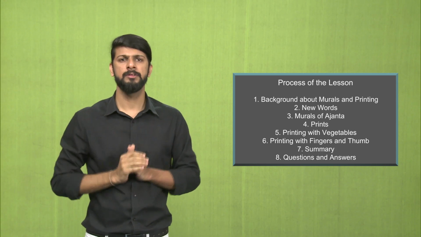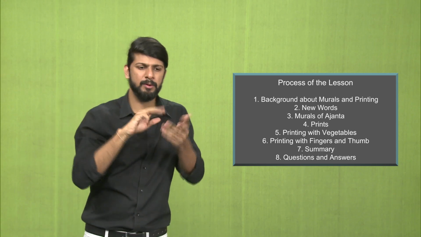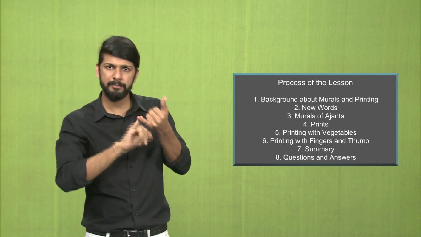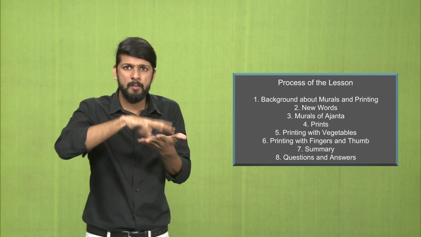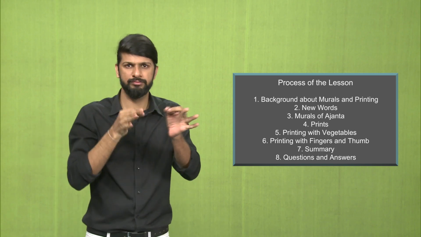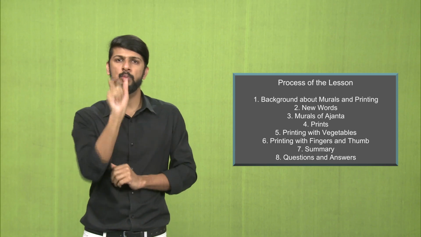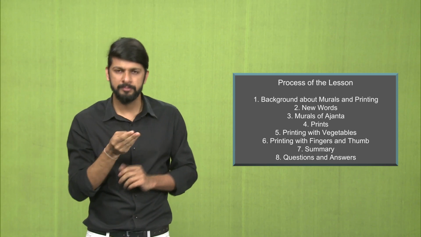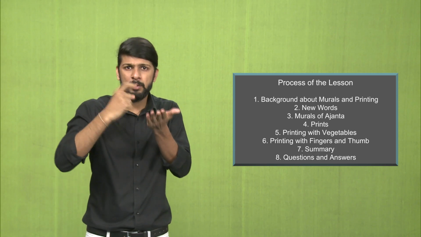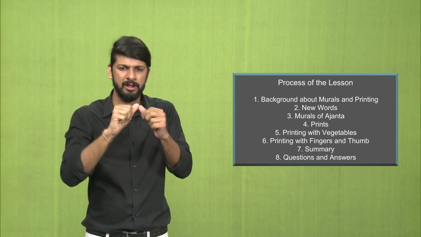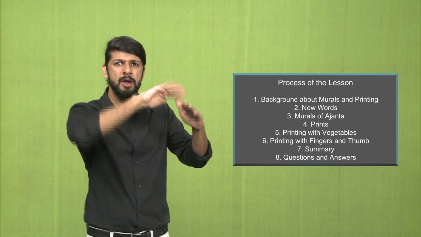How will we proceed with this lesson? First, we will understand the background about murals and printing. Then we have new words from the lesson. Then we will discuss the murals of Ajanta.